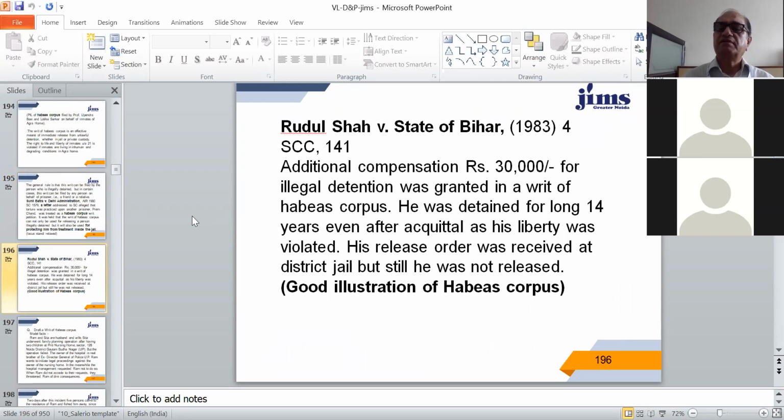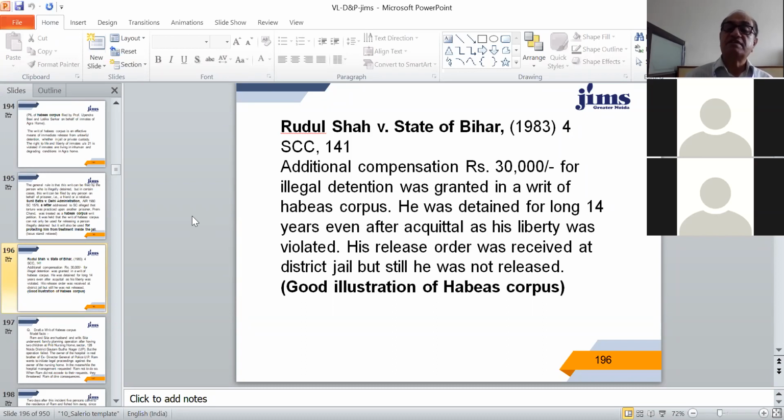We have a very glaring example of Rudul Shah versus State of Bihar. In this case, additional compensation of rupees 30,000 was paid for illegal detention in a writ of habeas corpus. Mr. Rudul Shah was detained for 14 long years, even after his acquittal by the competent court, as his liberty was violated.